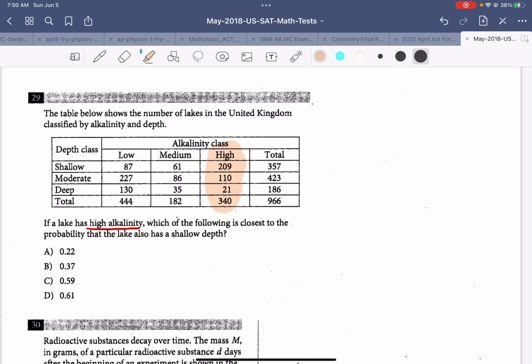Okay, so high total is 340. And then the question is, what is the closest probability that it has a shallow depth? Shallow is this one here. So you can say 209 out of 340. Okay, that's the probability the lake has shallow depth in the high alkalinity class. So when you plug in the calculator, I got around 0.61, so answer D.